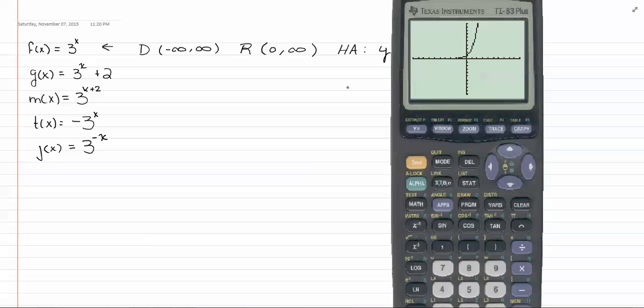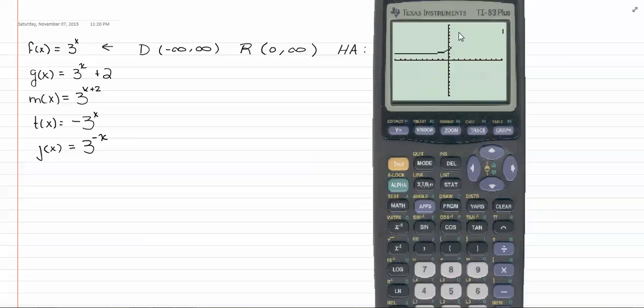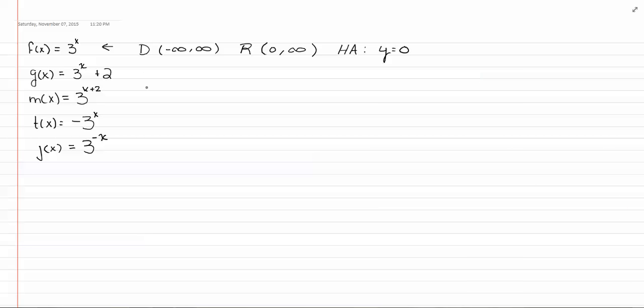equals 0. If we add 2 to the function, and it's outside of the function, and let's change that to plus 2, you'll notice everything moves up 2 units, and it still scoots up quickly. So for this one, it still has a domain of all real numbers.